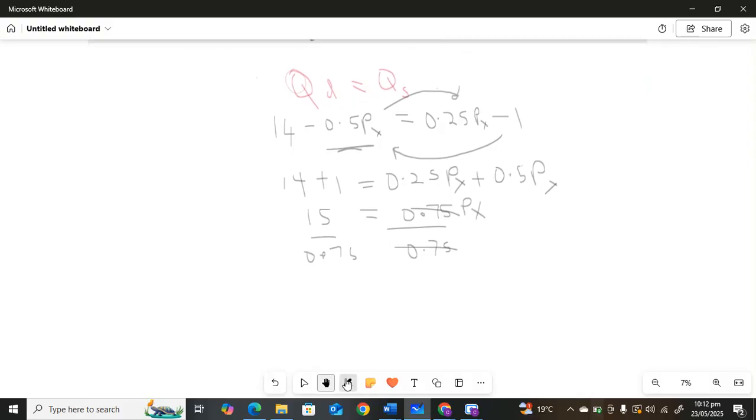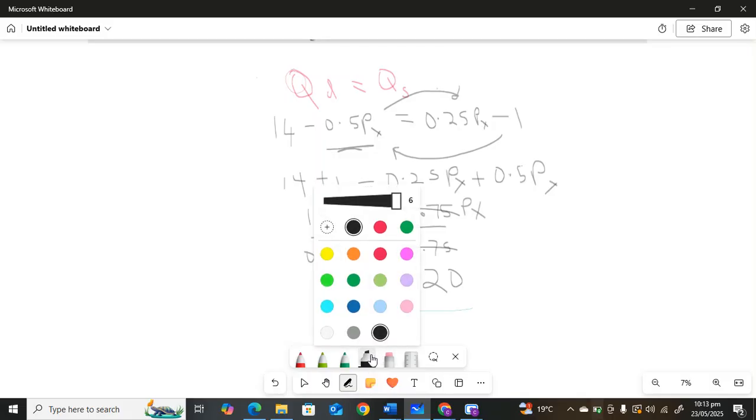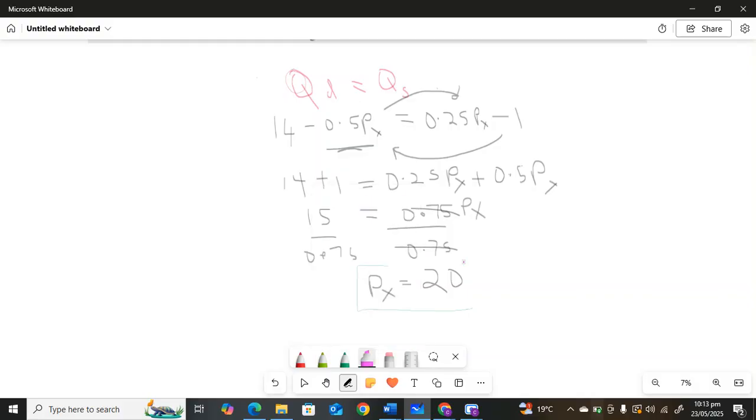If I'm not mistaken, it should be 20. Okay, yes. So the equilibrium price of good X is 20. Then this Px equals 20 can be substituted into either the demand or the supply function. You will still get the same value.